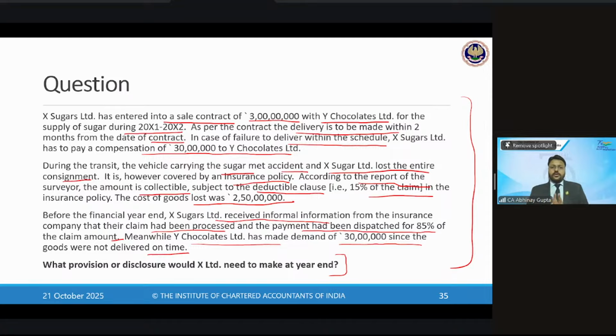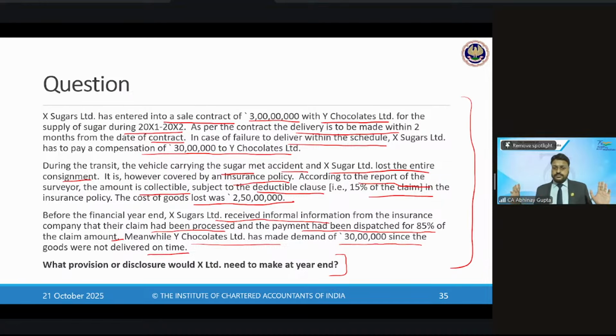If the company doesn't comply, the other party, the chocolates company, can sue the sugar company in a court of law. So this is a legal obligating event arising out of a failure to deliver on time as a past event. So it is a present obligation. 30 lakh is the present obligation.